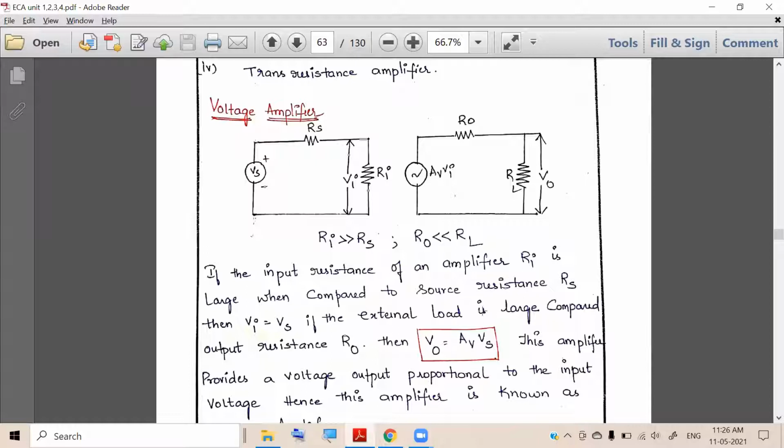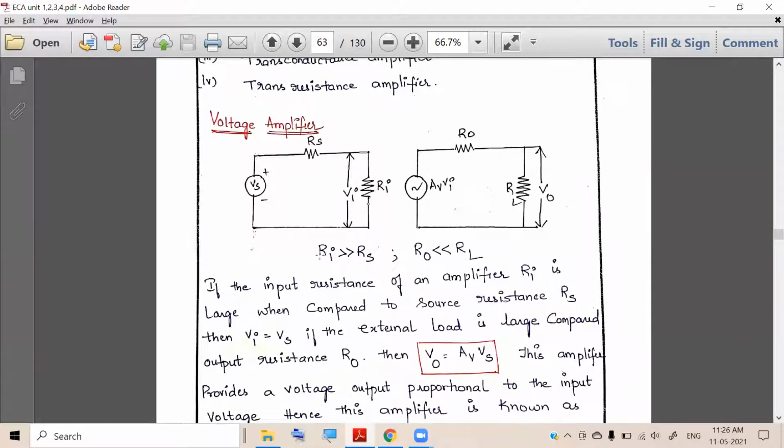So what happens if in an amplifier these conditions are satisfied? What are the conditions? Ri much greater than Rs, this is one condition.